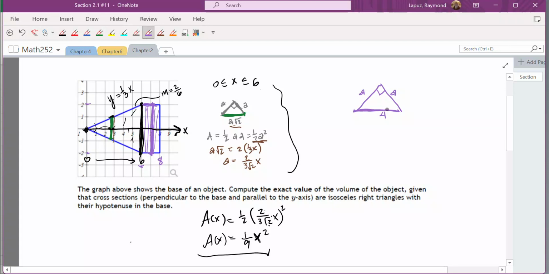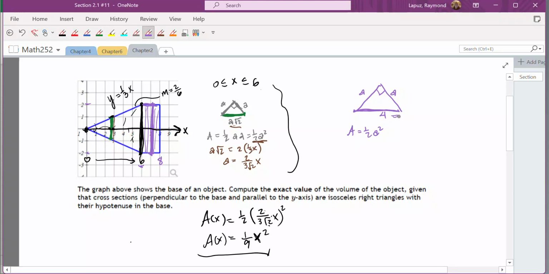And if we follow through the same steps that we were looking at, big A for the area is going to equal 1/2 a squared, and then we want to figure out what a is equal to in this scenario.